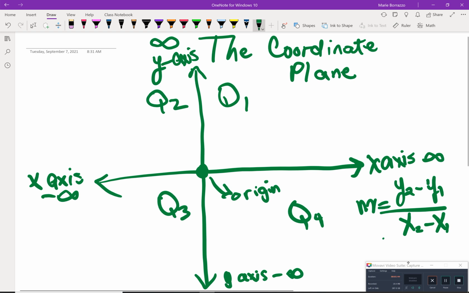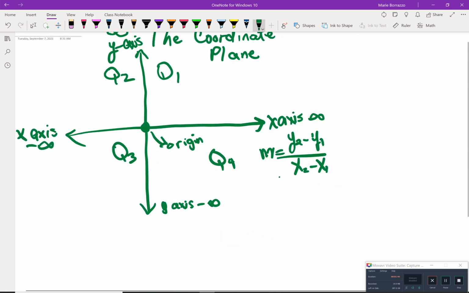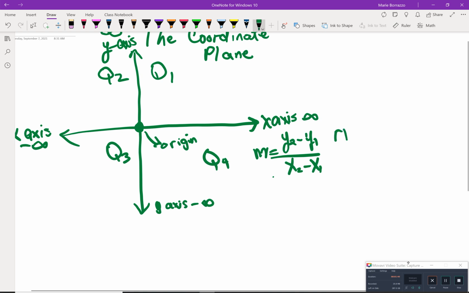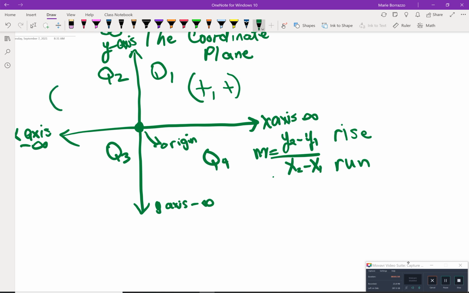Other things to remember is that they do refer to this as rise over run. Remember that in the first quadrant, both the coordinate points are positive. In quadrant 2, the x is negative, the y is positive. In quadrant 3, both are negative. And in quadrant 4, the x is positive, the y is negative.